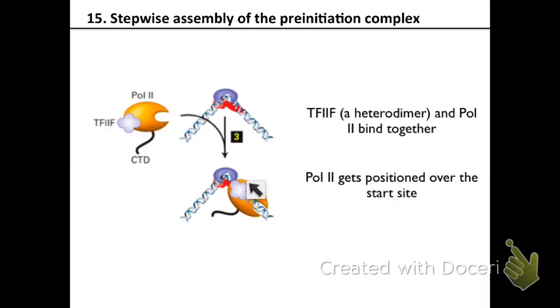So RNA polymerase II binding to the promoter happens, right? And it's stabilized by the TBP, TFIID, and the other initiation factors. And those factors position the RNA polymerase over the start site.